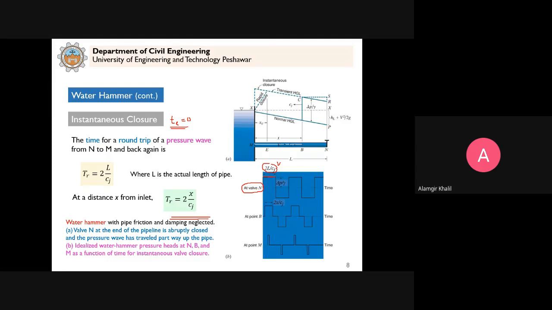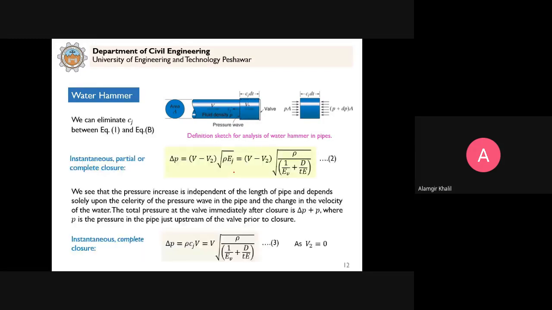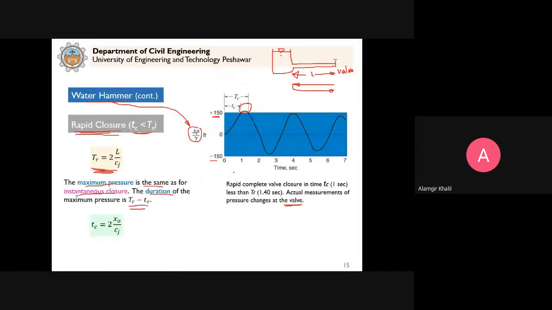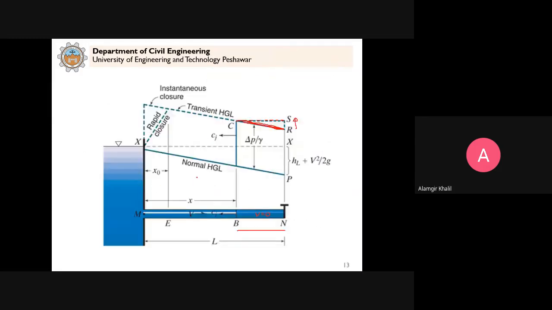Now, for the case of rapid closure, what is the situation? The duration is Tr minus Tc. So if I go back and show you in this diagram here, for rapid closure, you see that from here up to this point, the increase in pressure is the same up to here as for instantaneous closure.